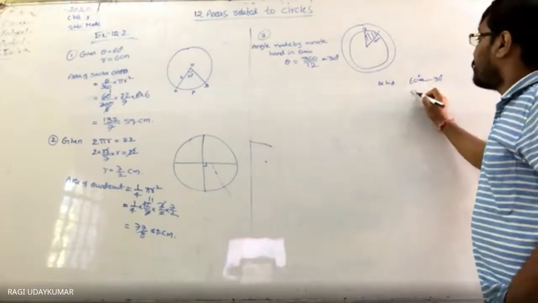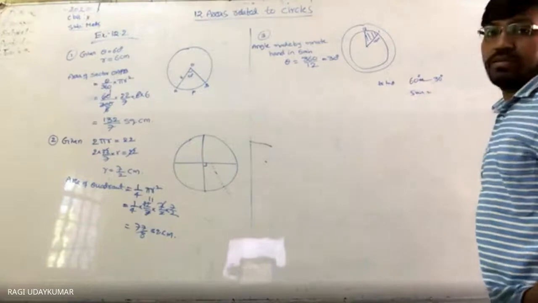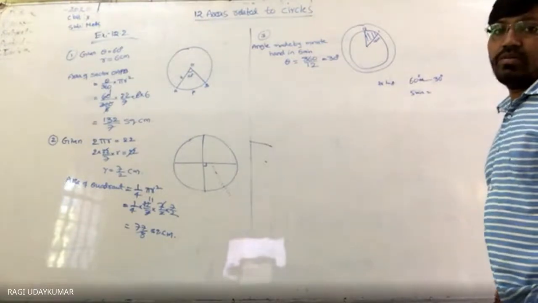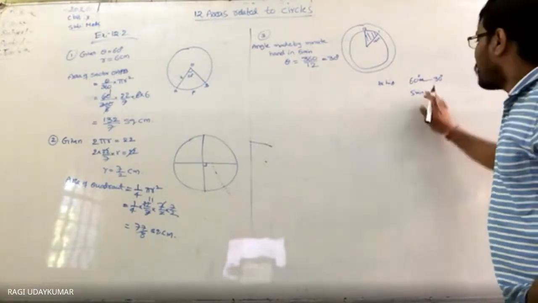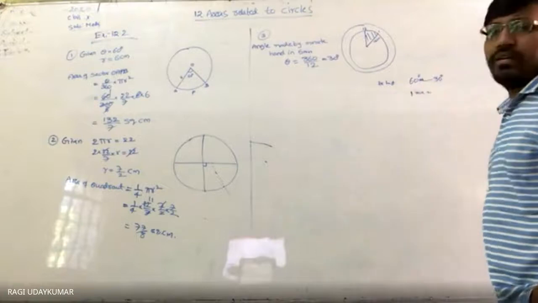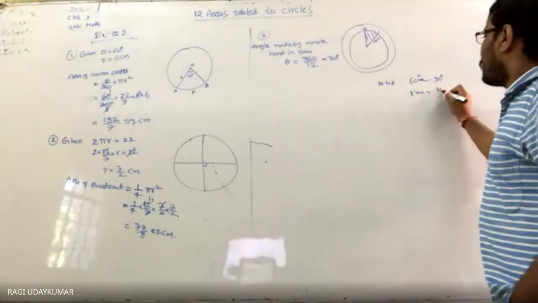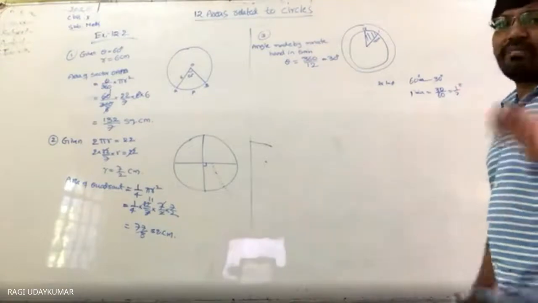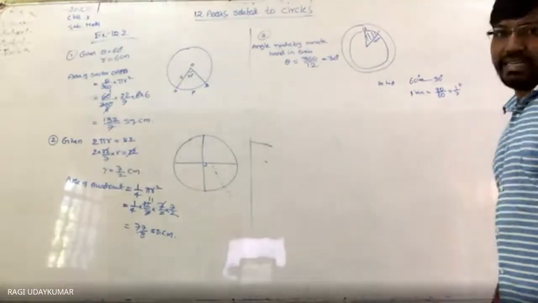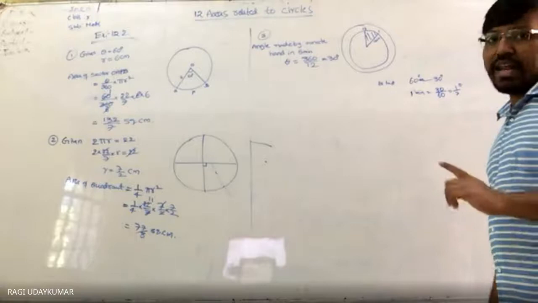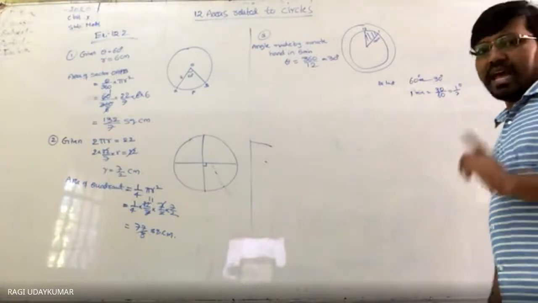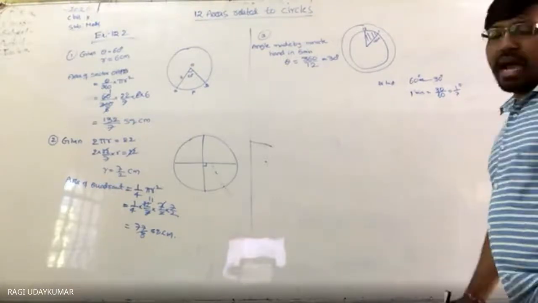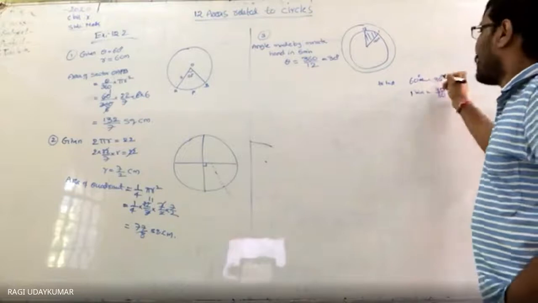But if 5 minutes is given, find 1 minute first, using the unitary method. For 1 minute, it is 30 by 60, which is half a degree. In 1 minute the hour hand covers half a degree, because in 60 minutes it covers 30 degrees.